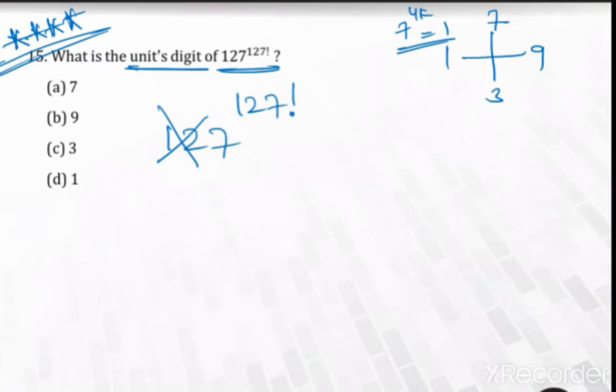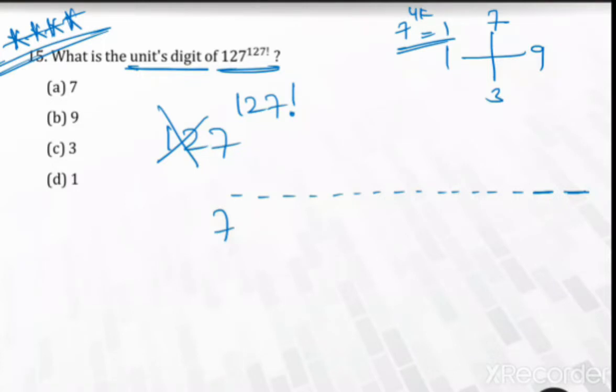Can anyone tell me the last two digits of 127 factorial?